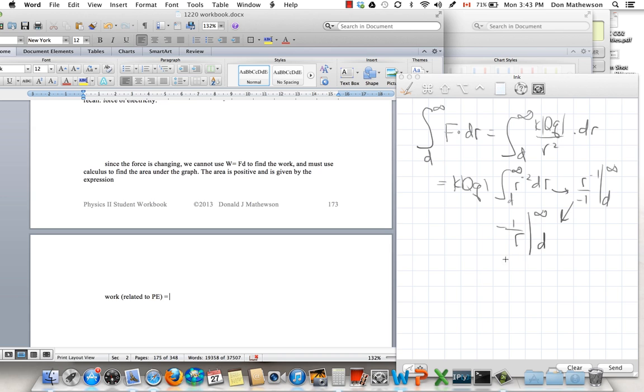We get rid of the minus by reversing the limits, so it's 1 over r from infinity to d, which is 1 over d minus 1 over infinity, and 1 over infinity is 0. So we get for this work kqq over d, or if you like, kqq over r.